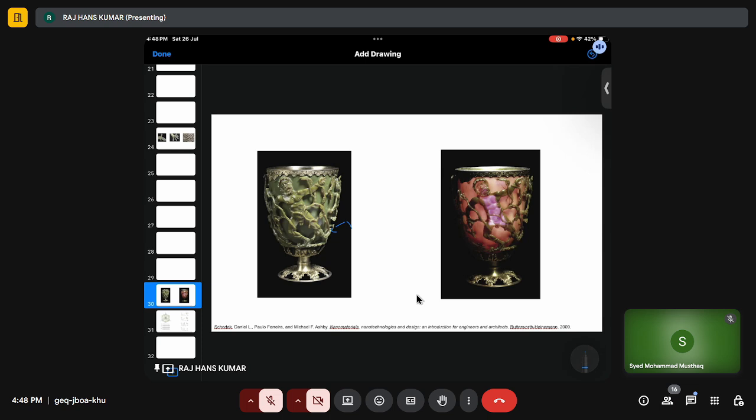It happens because of surface plasmon resonance, right? And if the thickness of this cup material is very small, then even the bulk plasmon resonance will also give some color.